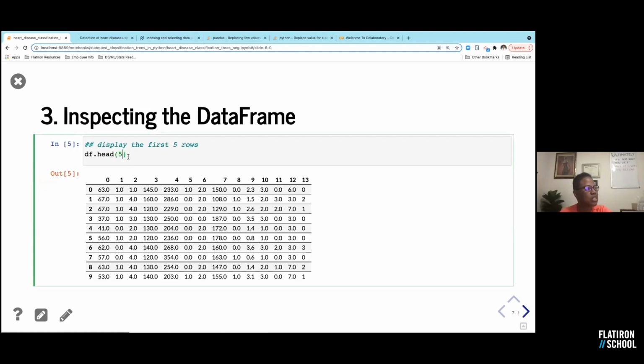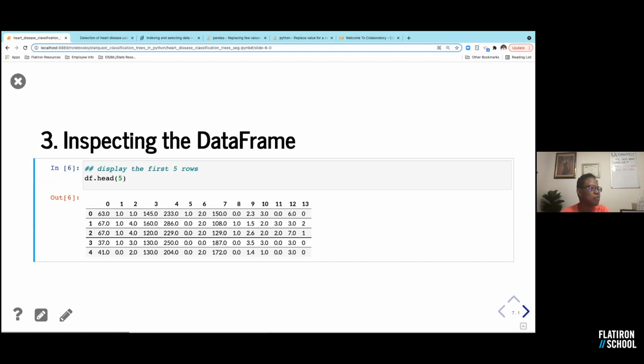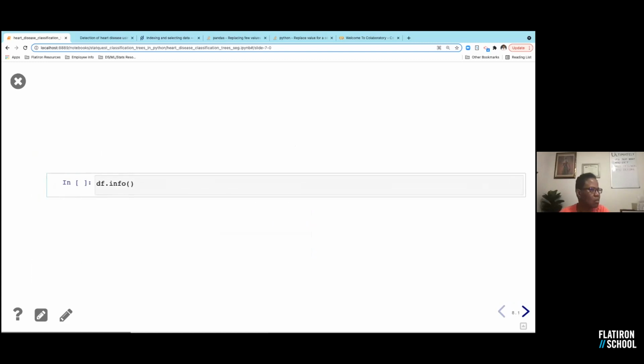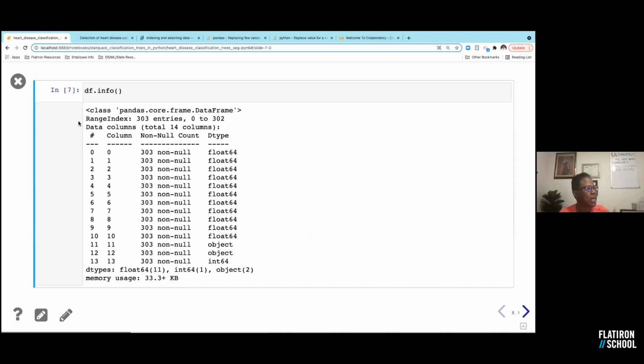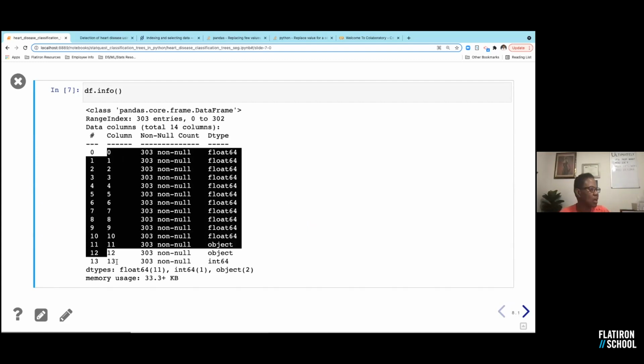Once you've loaded in your data set, you want to make sure you check it out and see what's happening. So now we see we have the data set, we have some values here, but something's going on because of the column headings. This is another method, info. So we get all of the information about our data set. We get how many entries, meaning how many rows, 303, and the list of columns.